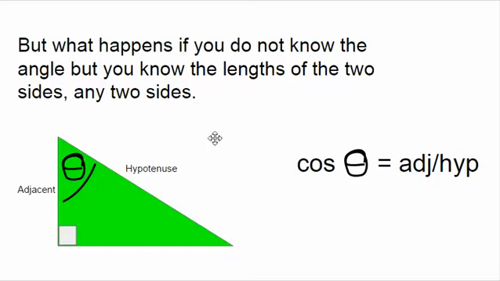So now what happens if we've moved the theta, so now we have the adjacent side here. It's the side that's next to theta. It's the side that's next to the angle, and the hypotenuse. So the cosine of theta, again a pure number, is just the adjacent side divided by the hypotenuse. Again, a pure number.